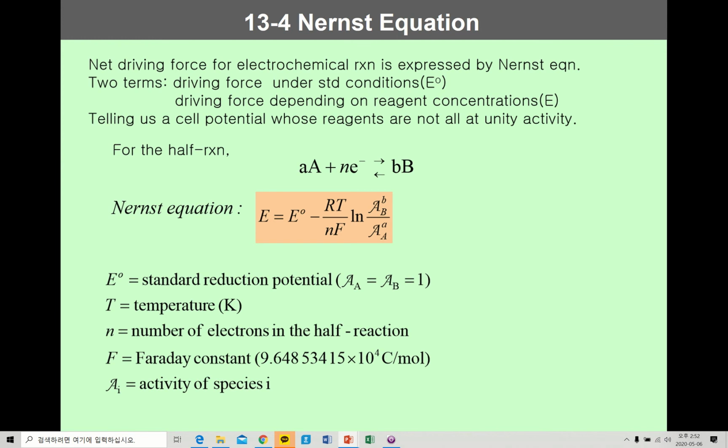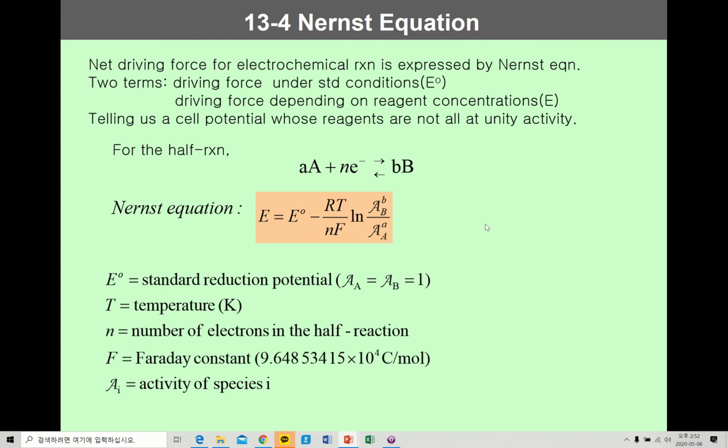Actually, the experiments are done not under the standard conditions, but under various conditions. So this Nernst equation dictates how this potential changes with concentrations.